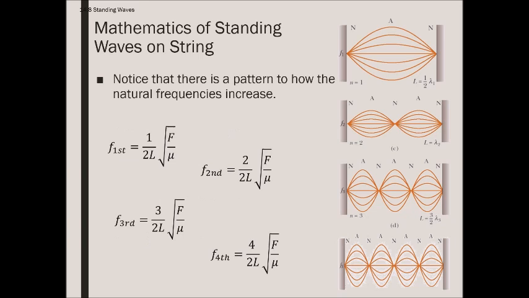So then we can make a generalized equation. We can put the lambda in with the frequency formula and figure out that we have a similar pattern here. We go from 1 to 2 to 3 to 4 if we want to calculate our frequency. And again, this is using the wave equation and the tension equation put together.